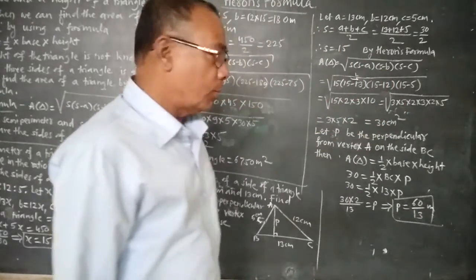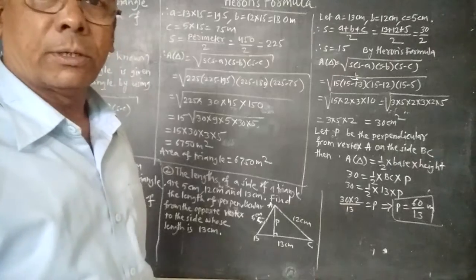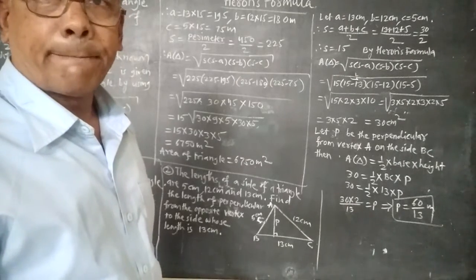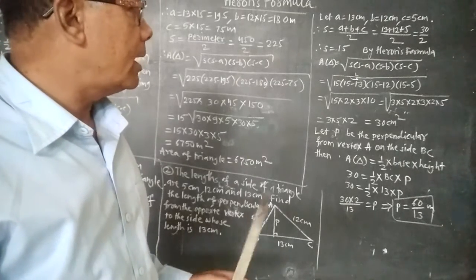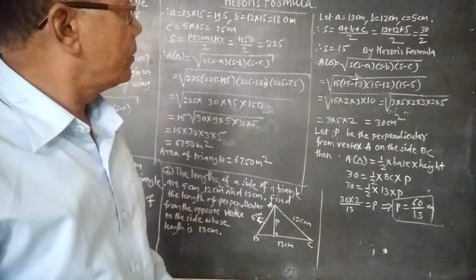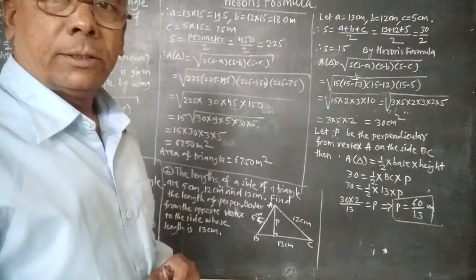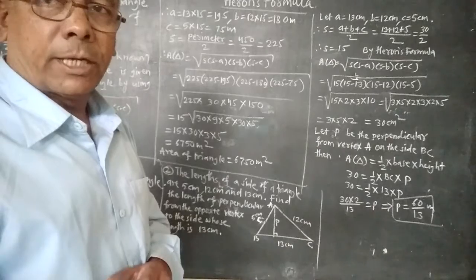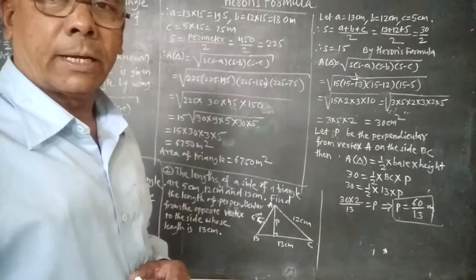In this way, we have found the length of the perpendicular. First of all, we have to find the area of the triangle by applying Hero's formula. In this way, we can find the area of the triangle if the sides of the triangle are given.